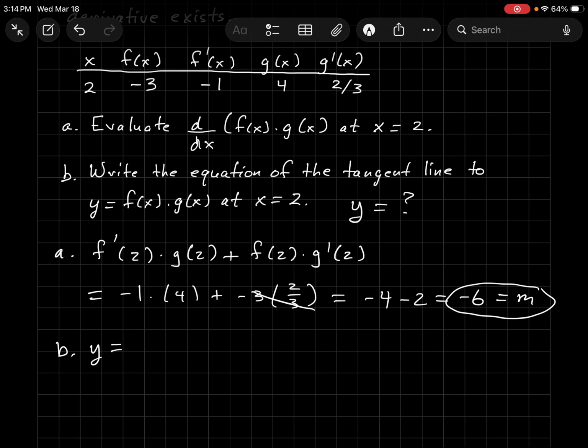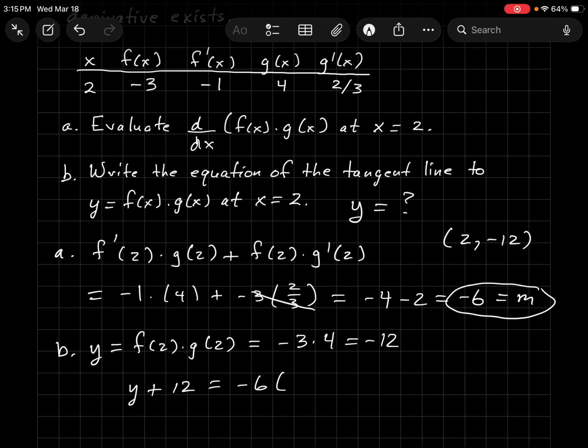But y is f times g, so y at 2 is f of 2 times g of 2, which is negative 3 times 4, which is negative 12. So I have the point 2 comma negative 12. The slope is negative 6. And the tangent line equation is y minus the y value equals the slope times x minus the x value.